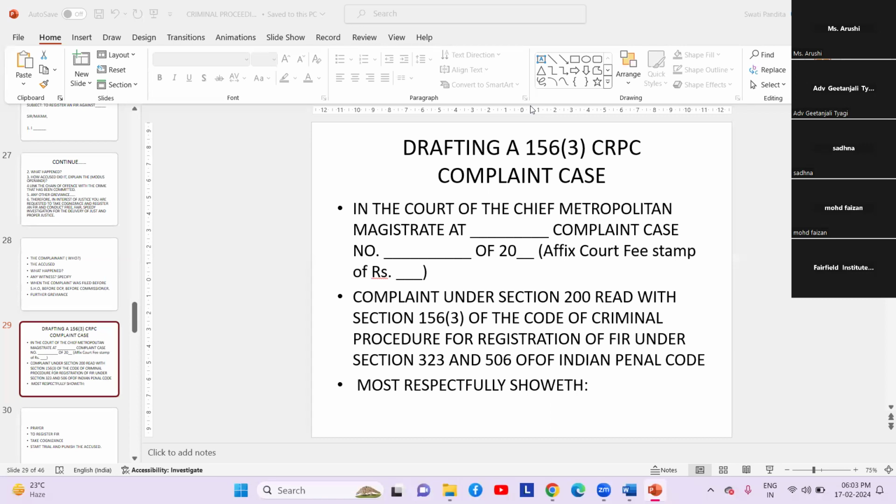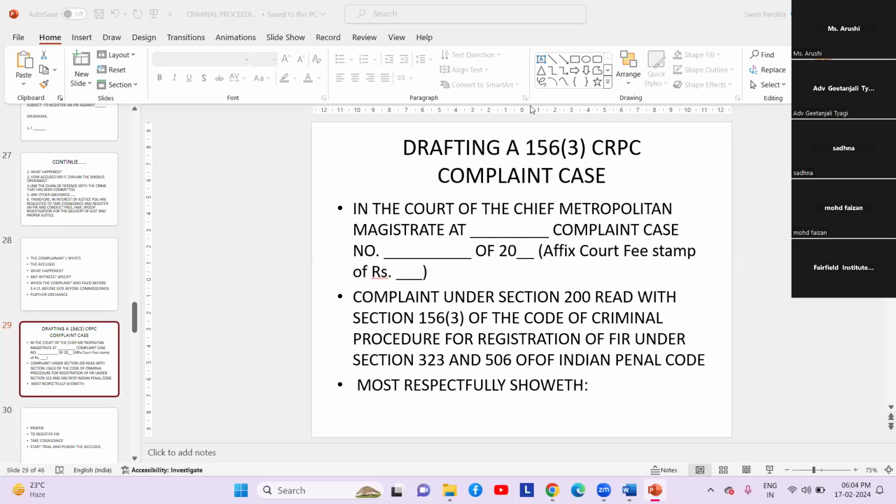And more than Delhi, if you will draft a specific complaint in UP, they will register it. There are more chances your complaint will be registered in UP. You just have to translate and you have to be very particular that the first two paragraphs of your complaint should cover the commission of the offense very particularly.